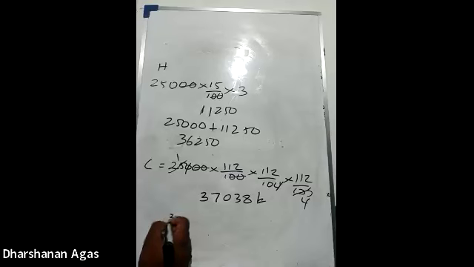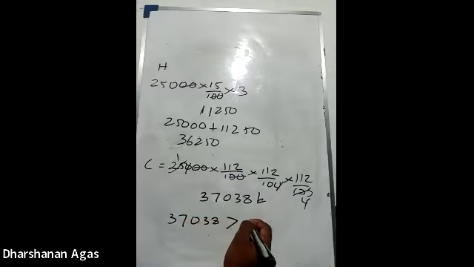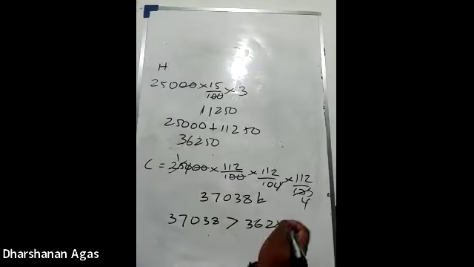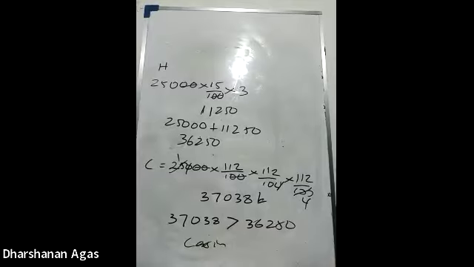You have to compare like this: 37,000 is more than 36,250, so Kasim is receiving more money. Okay? Who got the correct answer? Okay, good.